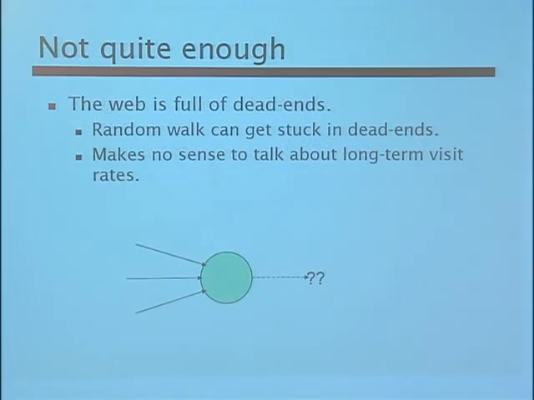Now, unfortunately, this has, in the naive sense, various problems. One is that there are obviously dead ends. Some pages have no outbound links. So lots of people might link to them, but there are no outbound links, so it's difficult to talk about long-term visit rates in this context. We also have situations where there are cycles, where people link to themselves or link to a friend who links back to them.